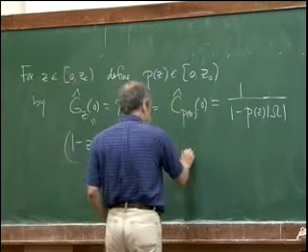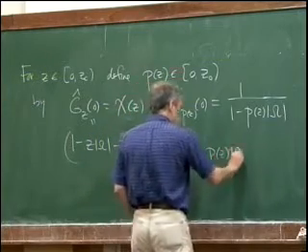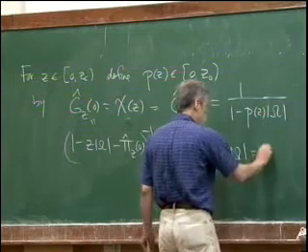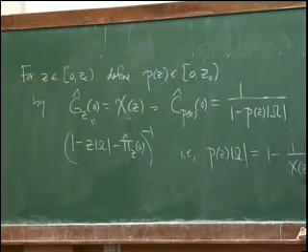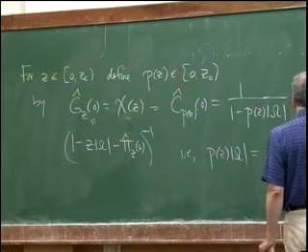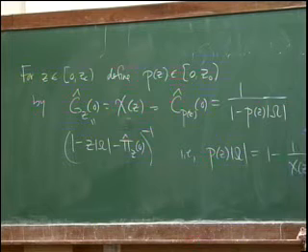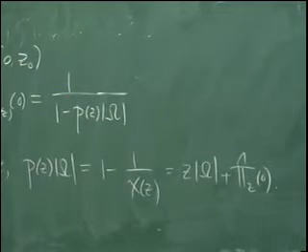If you do the arithmetic, what you find is that p times omega is 1 minus 1 over chi of z, which is, then the 1's cancel, z omega plus pi hat z of 0. So I'm choosing p in that way.